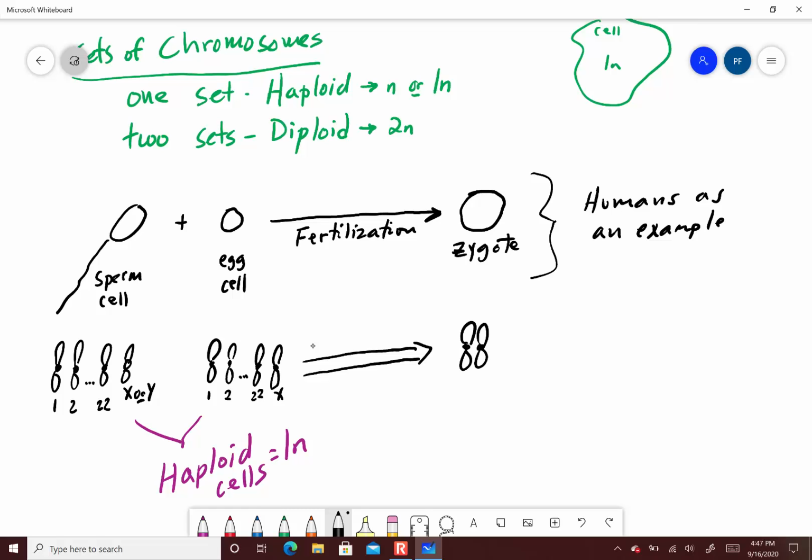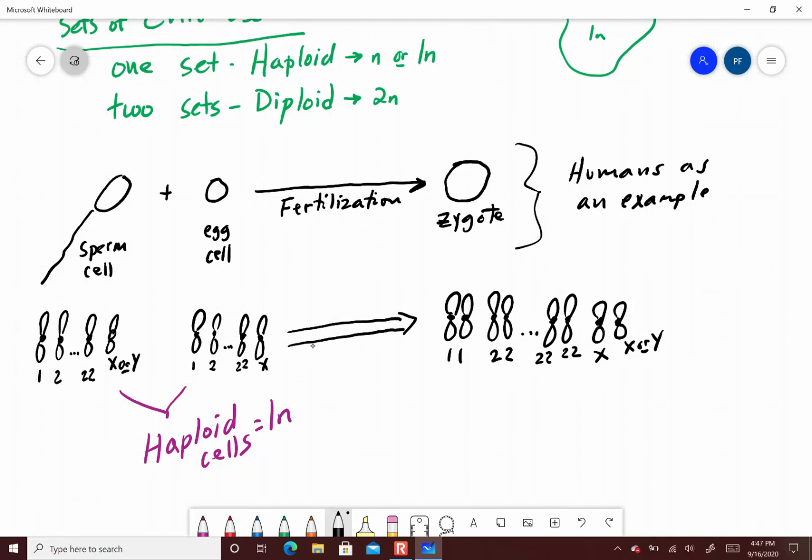So the zygote's going to have two number ones, two number twos, etc., all the way up to two number 22s, and then two sex chromosomes, right? One's got to be X, the other one's going to be X or Y, right? So that's what we see with the zygote, because we've taken all of the DNA from the sperm and combined it with all the DNA from the egg cell.